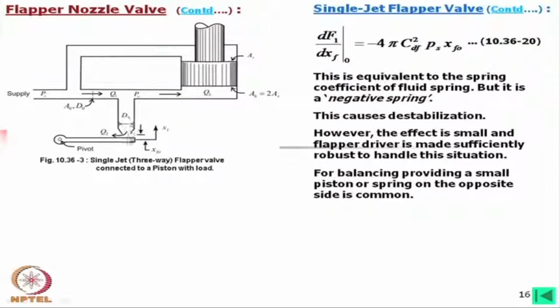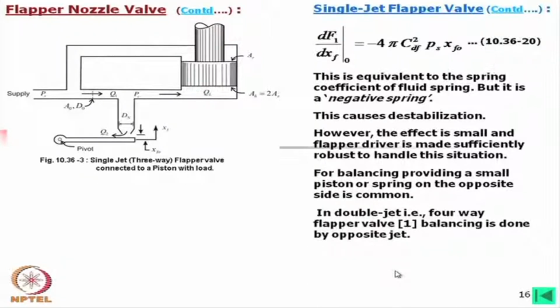In case of a single nozzle, you can use this spring directly opposite, otherwise you can also use a coil spring for both directions. In a double jet 4-way flapper valve, balancing is done by the opposite jet. This means that if there is another nozzle in the opposite direction, sometimes we do not need any spring at all, because this can be balanced by the opposite one.